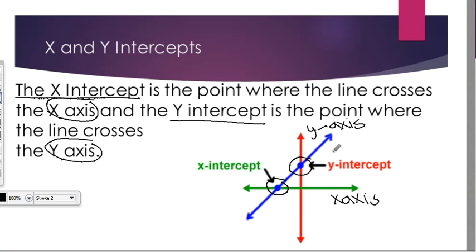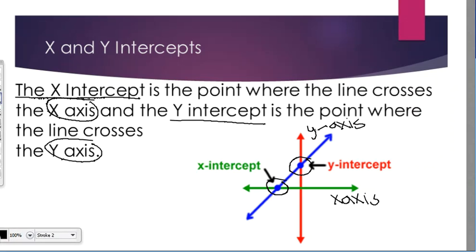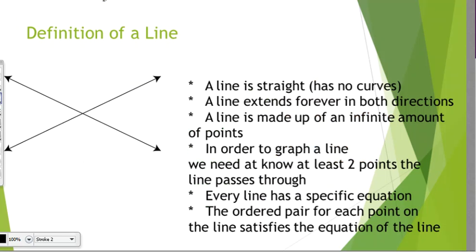Now every line we can draw on the coordinate plane has a specific x-intercept and a specific y-intercept, unless it is a horizontal or vertical line, and then it will have either just an x-intercept or just a y-intercept.